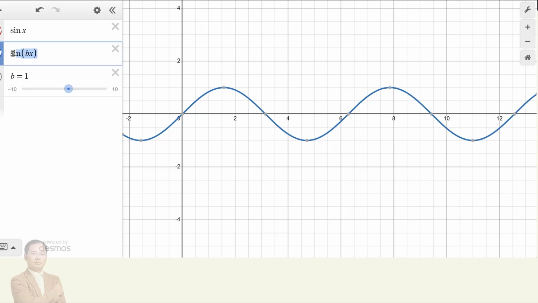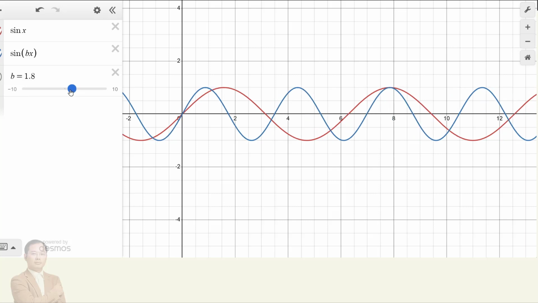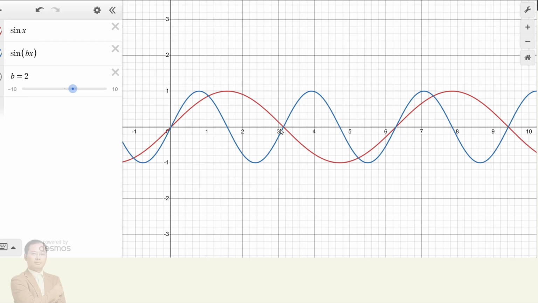Then if b is 1, the second function in the blue color will be exactly the same as the initial example sine x. Now if I increase this value b to the number 2 here, you see that the period of the new function will be reduced by a factor of 2.